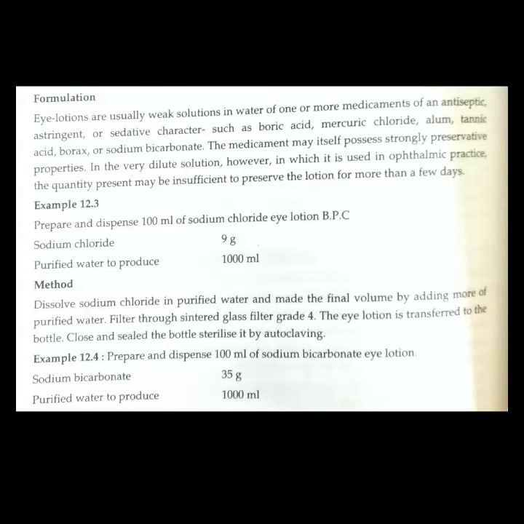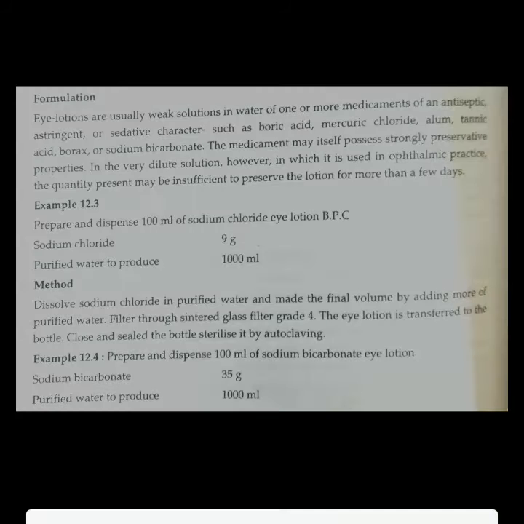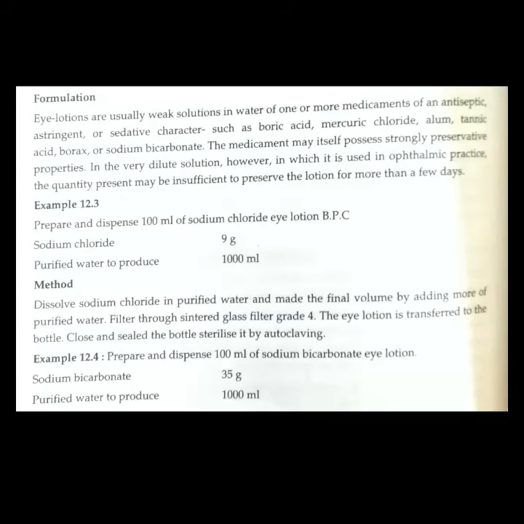The next one is formulation of eye lotion. Eye lotions are usually weak solutions in water of one or more medicaments of an antiseptic, astringent or sedative character such as boric acid, mercuric chloride, alum, tannic acid, borax or sodium bicarbonate. The medicament may itself possess strongly preservative properties.